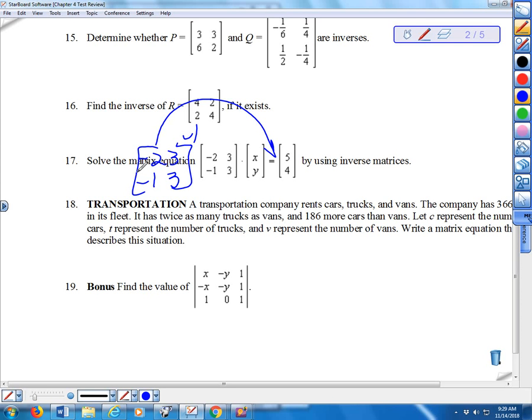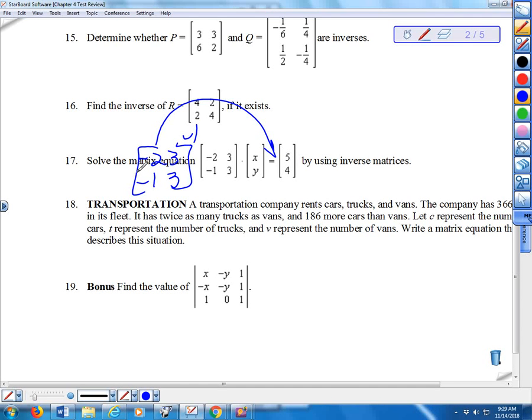Okay, go and do your constant matrix, make that B. So it's a 2 by 1. Change that. And then type in 5 and 4. And then clear your screen. So all you're going to do is bring in A, raise it to the negative 1, which is the same as the matrix button you've been using.